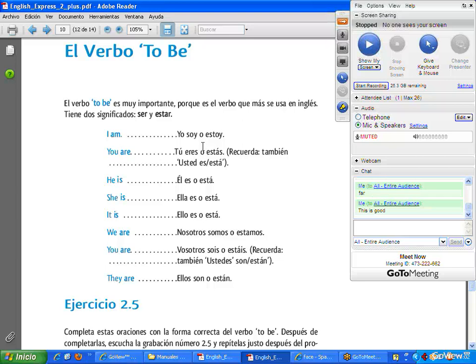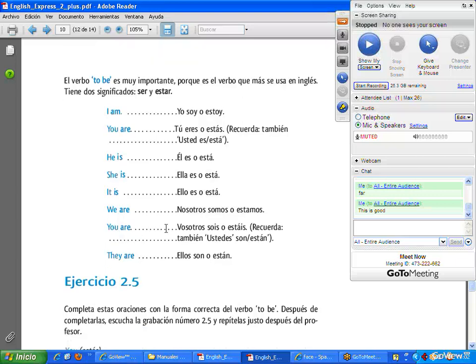Okay, so we have three different forms. We have am for first person. I am, pero you are. For the third person singular, is: he is, she is, it is. When do we use it? We use it for animals and things.